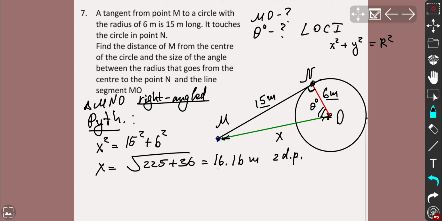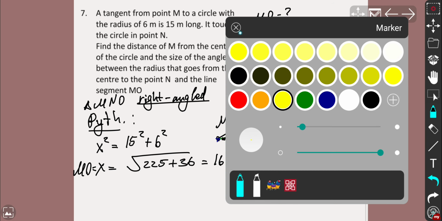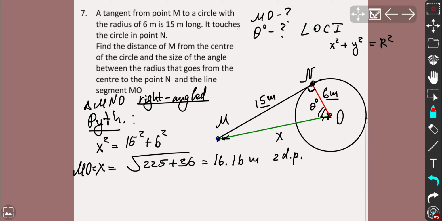That's the answer for MO. In this case, we found MO in meters, and that's our solution for the length marked in red. This is our solution for MO: 16.16 meters.